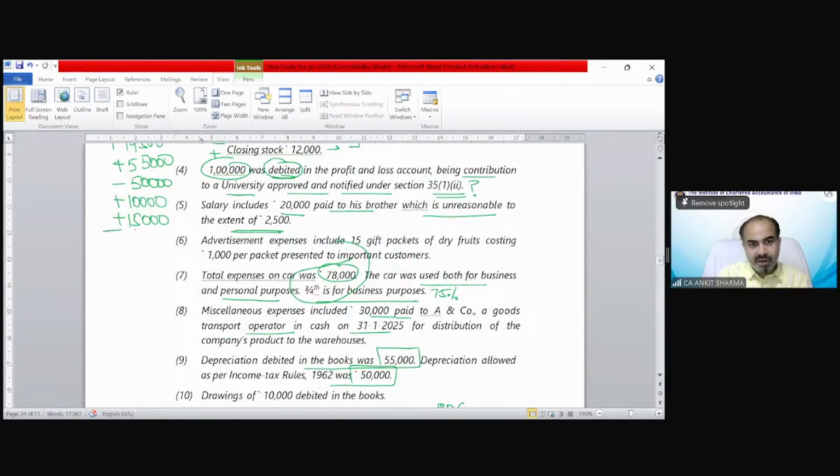So after doing all this, we would have our business income 11,21,500. We have our income from other source, which has been given in the question, was 22,000, 17,500, and winning was 15,000.